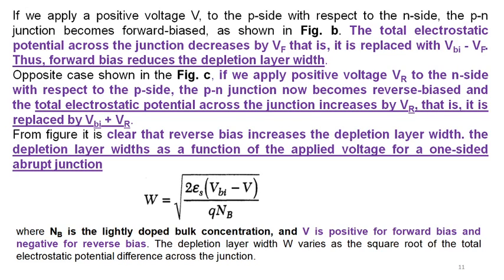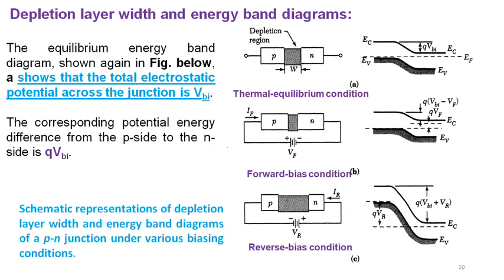Then we get the depletion layer width equation, W is equal to the square root of 2 epsilon S (Vbi minus V) divided by q NB, where V is a voltage, meaning for the forward case we write VF, and for the reverse case we write VR, as shown in this figure, Vbi minus VF and Vbi plus VR.